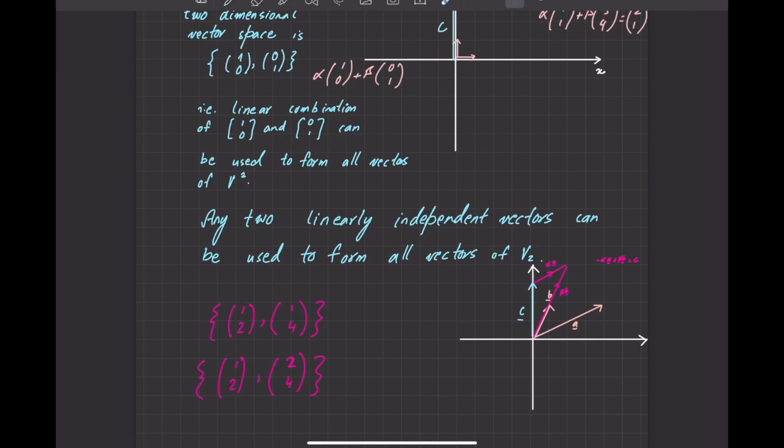And you should be able to form all the vectors in that vector space with the help of these two basis vectors. But they have to be non-parallel. So 1, 2, and 1, 4 can be used to form a basis, but 1, 2, and 2, 4 can't, because they are linearly dependent, parallel vectors.